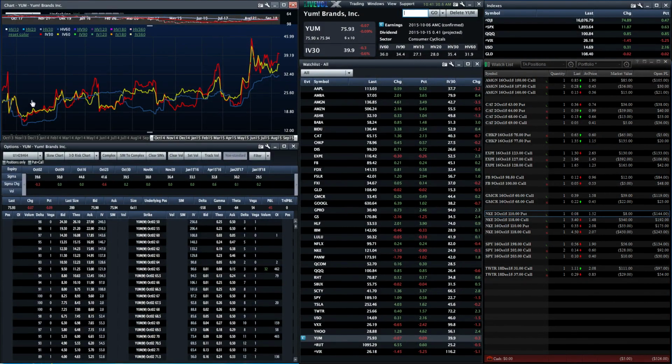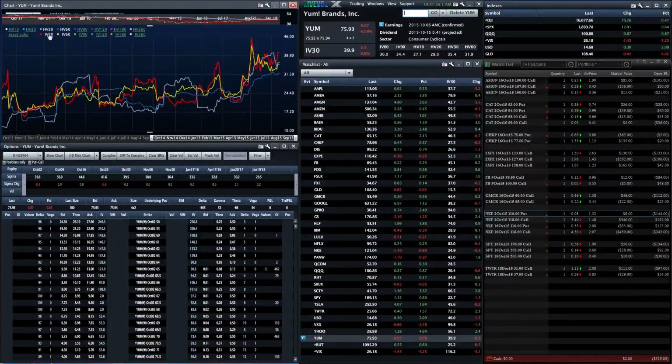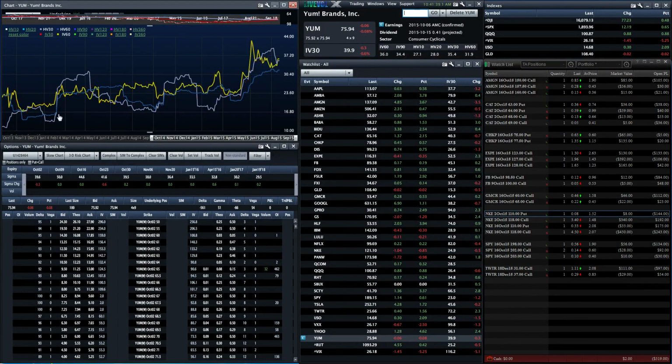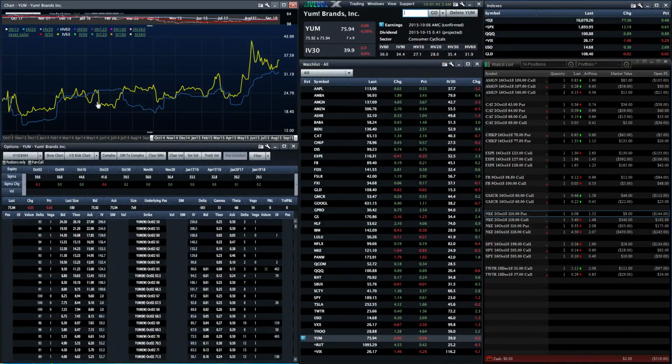The option volatility, implied volatility, I have two of them up here, but I'm actually going to take out the 30-day and just put up the 60-day, which is in yellow. So the blue is 60-day stock volatility. The yellow is implied volatility, 60-day option volatility.